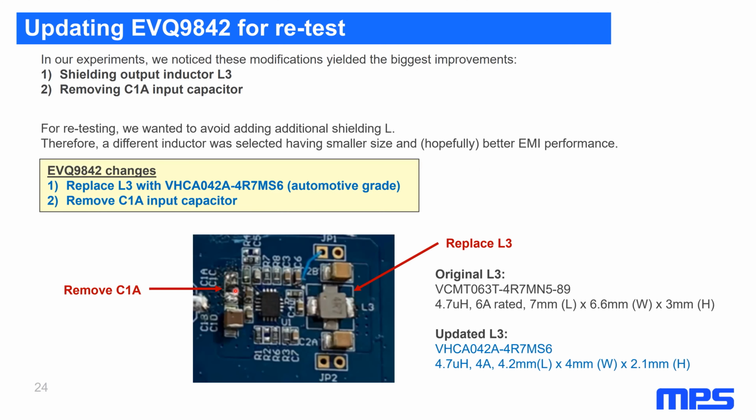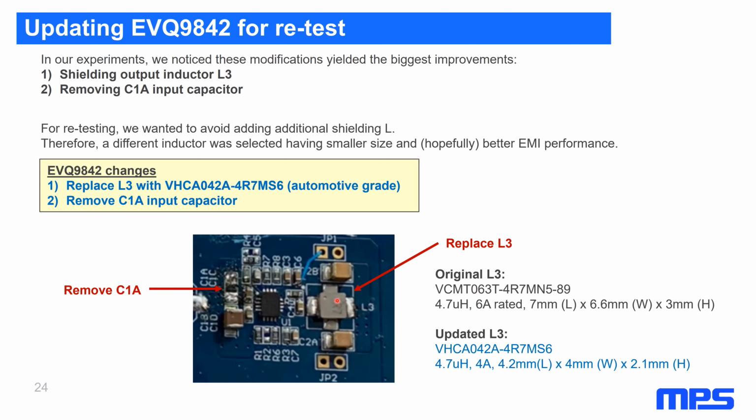Here's a picture showing the input cap removed, and then the output inductor, which was originally this part number, a 4.7 microhenry, 6 amp rated part, 7 millimeters by 6.6 millimeters by 3 millimeters high. Kind of large, probably a little bit overkill for this circuit.